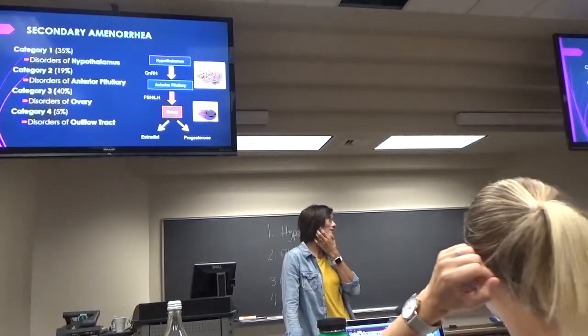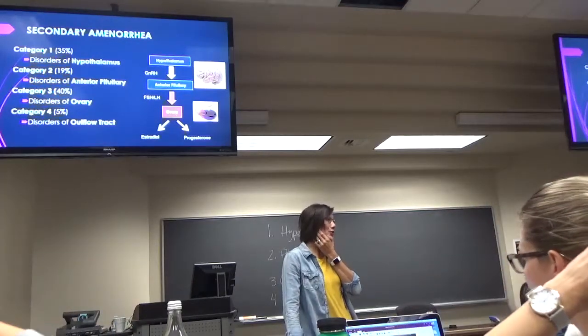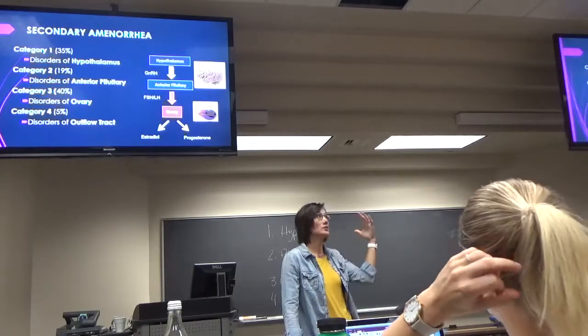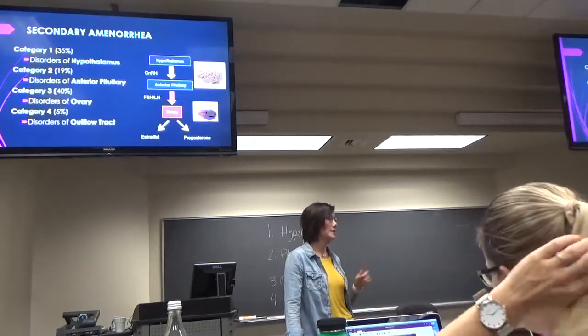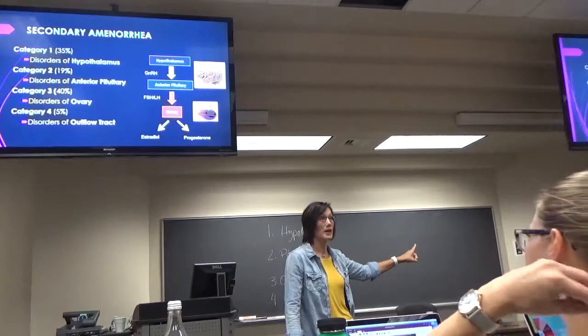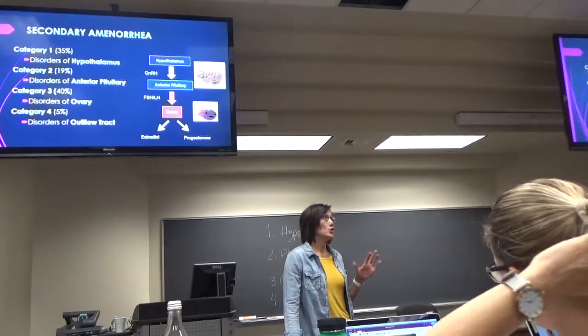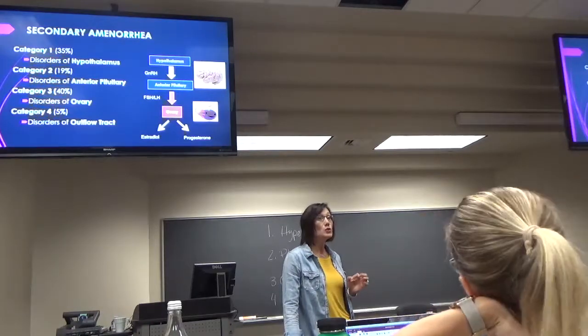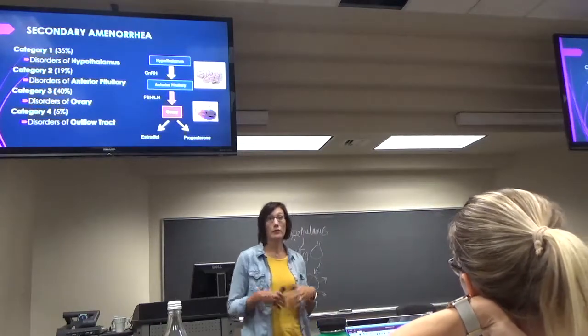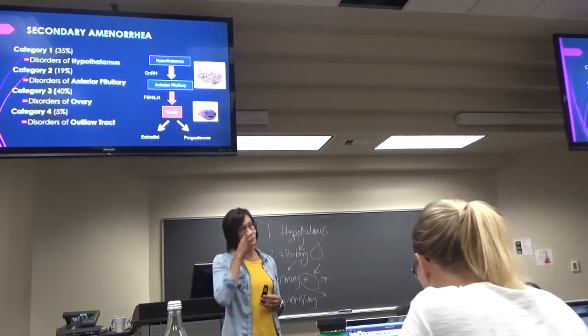So 35%: more than a third of girls that come in with this, something's going on in the hypothalamus. That's going to come into play later. Anterior pituitary is about 20%, usually due to a high prolactin level for some reason, and we'll talk about that in a bit as well.